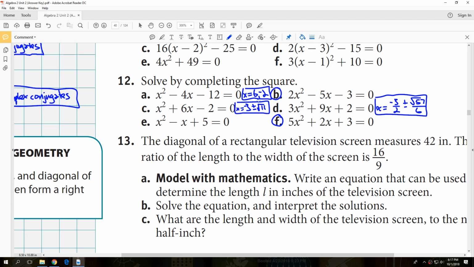And the answer for E is x equals 1/2 plus or minus square root of 19 over 2i.